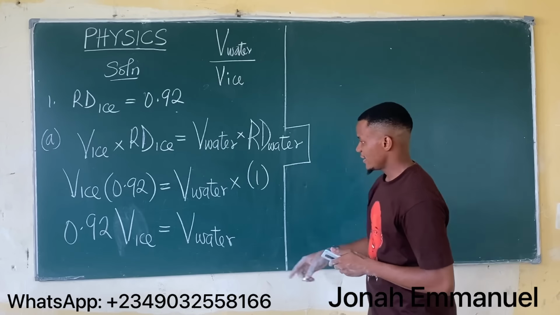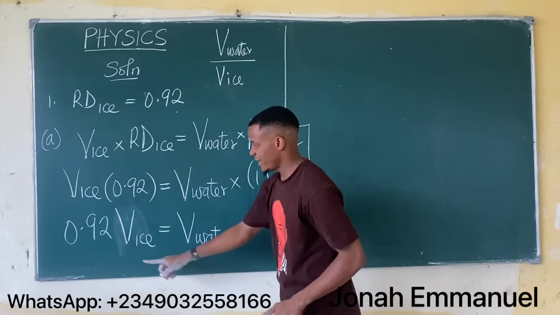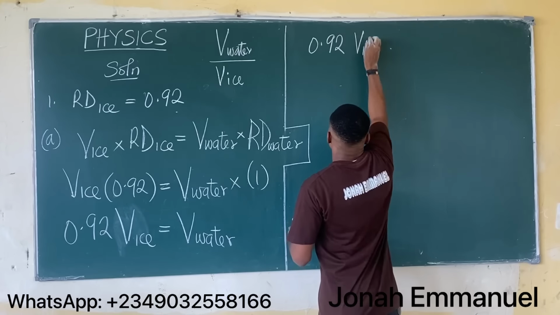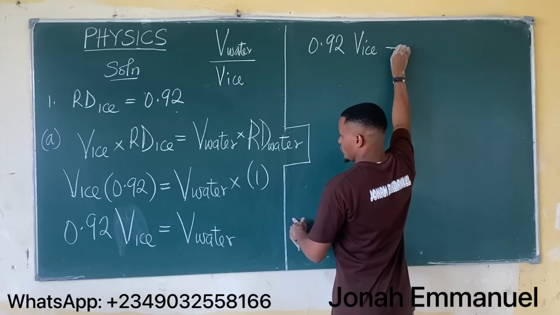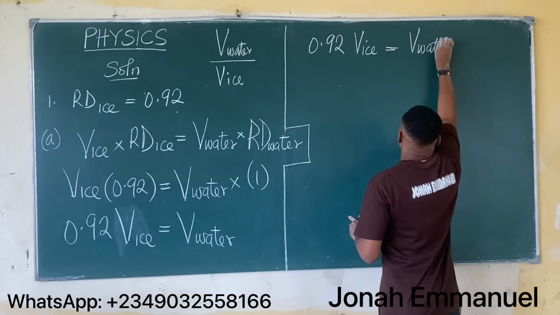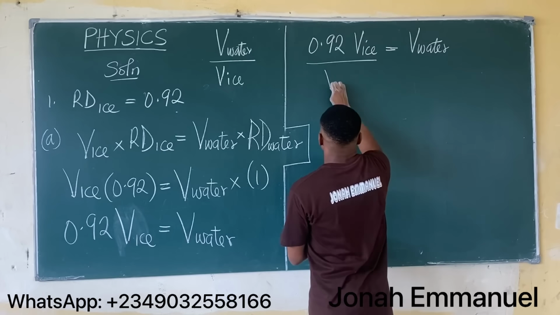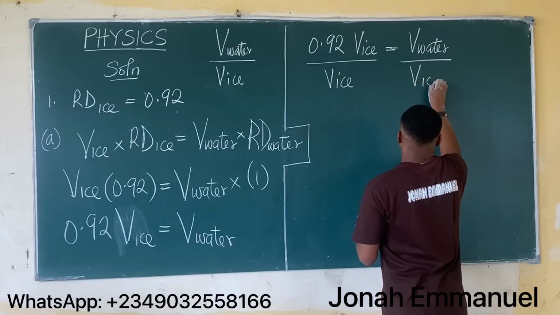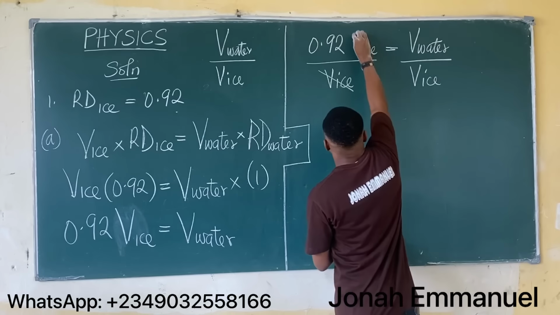So from here, to get that, we'll have to divide both sides by volume of ice. So it becomes 0.92 multiplying the volume of ice, equal to volume of water. Divide here by volume of ice, divide here by volume of ice. So this will cancel this.